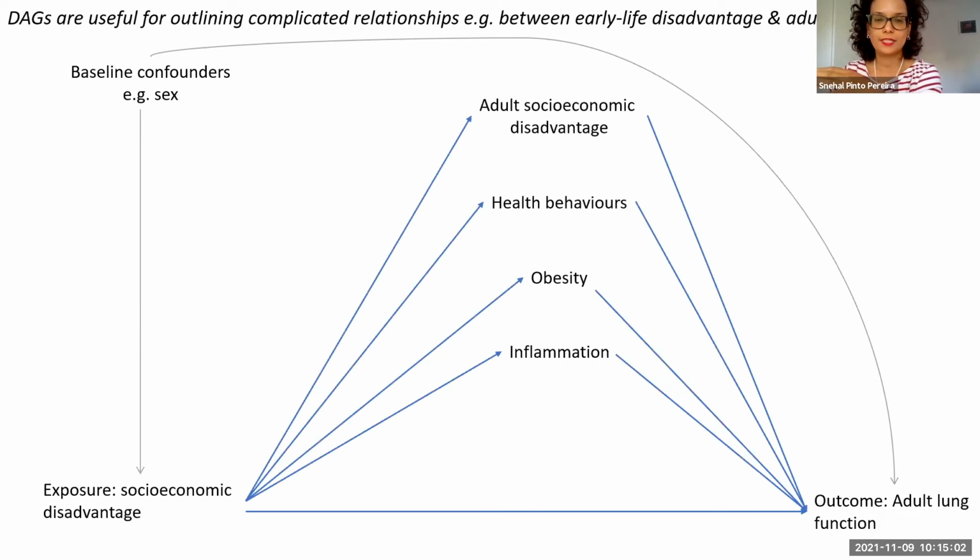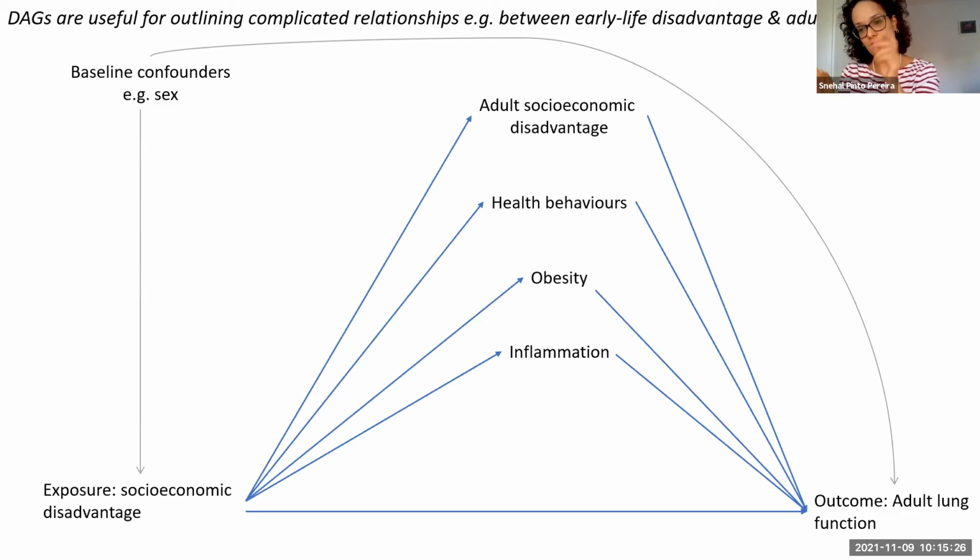But real life is much more complicated than this, right? And you can have all these things in adulthood that are affected by your socioeconomic disadvantage and can affect your lung function. So for example, just like in the previous slide, you can have continuities in disadvantage. You can have your socioeconomic disadvantage in childhood affecting your behaviors, like your physical activity, your smoking, your diet patterns. They can affect your obesity and your inflammation and so forth.